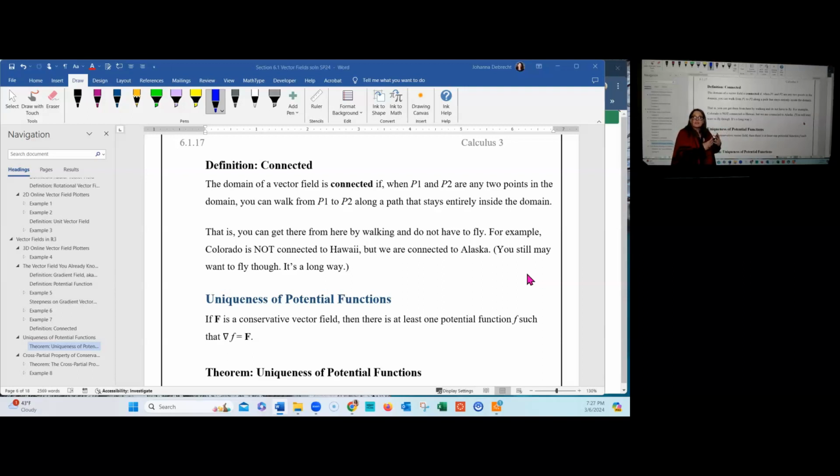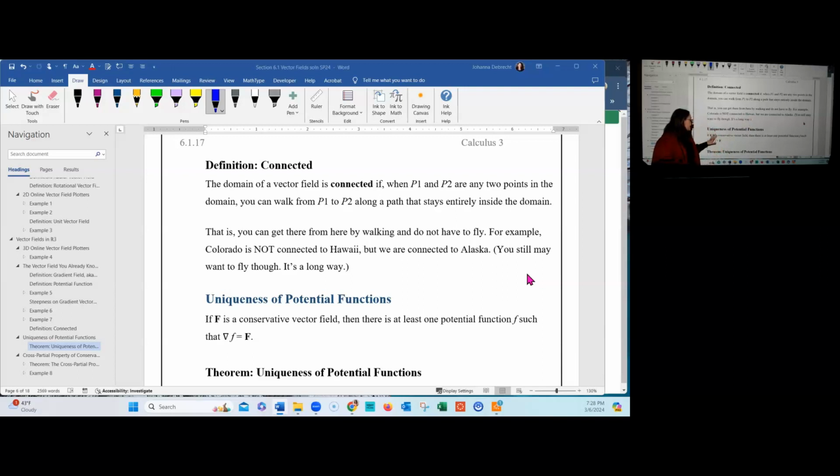You don't have to leave the domain to get from point 1 to point 2. If you want to think about it, you can say that Colorado is not connected to Hawaii, but Colorado is connected to Alaska. You can drive from Colorado to Alaska without ever leaving the land, but you cannot get from Colorado to Hawaii by walking.